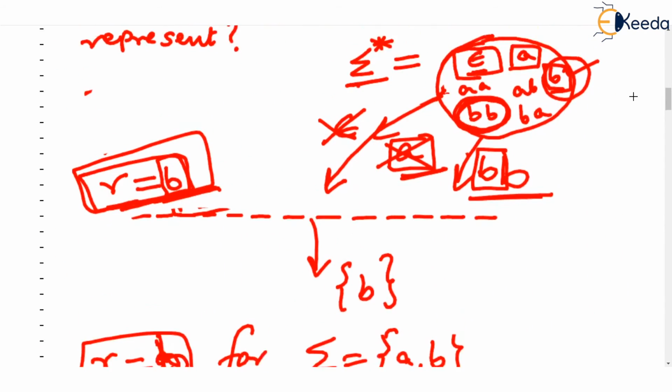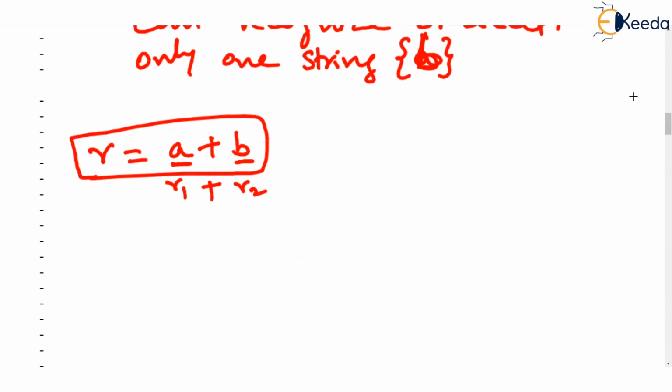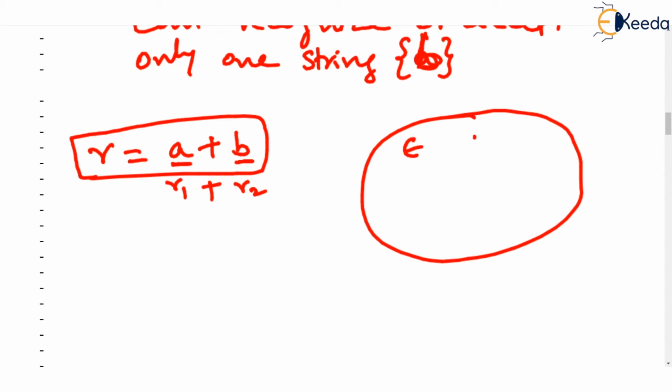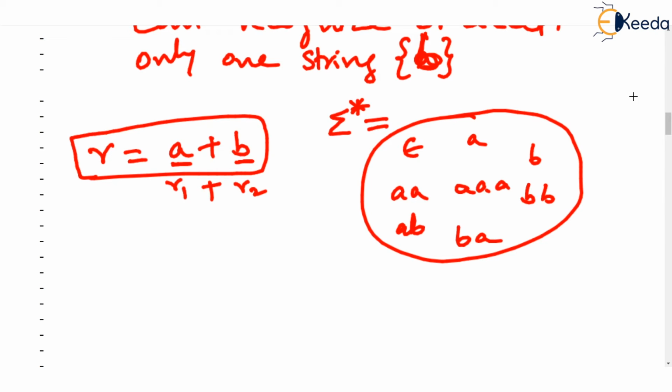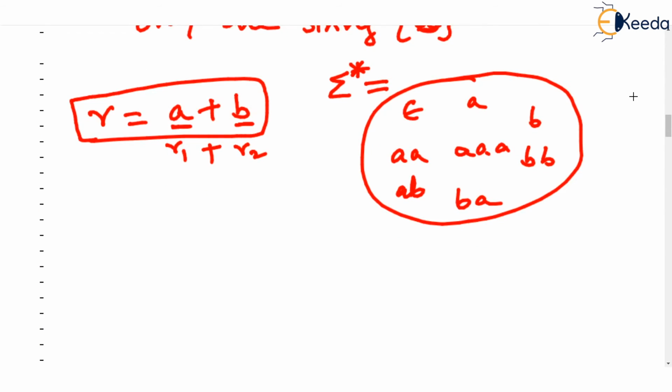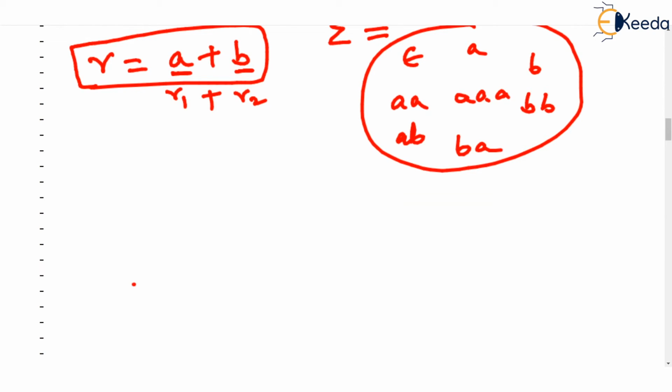R1 union R2, A plus B. We again have a big set which contains epsilon, A, B, AA, BB, AB, BA, triple A, and many strings like this, which are made up of sigma, that is A comma B, and we call this set as sigma star. Now watch the filter condition that we have put here. The filter condition that we have put is R is equal to A plus B.